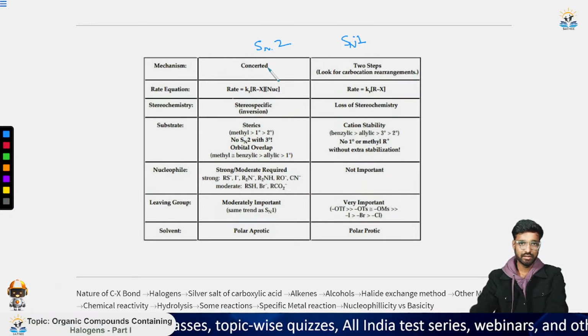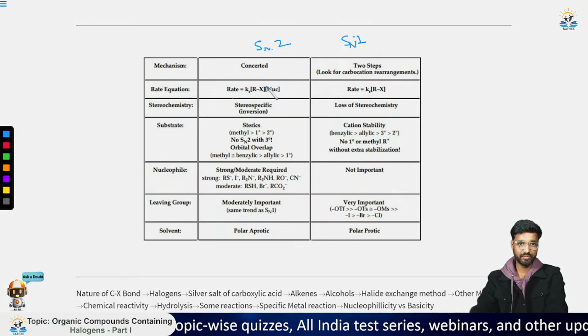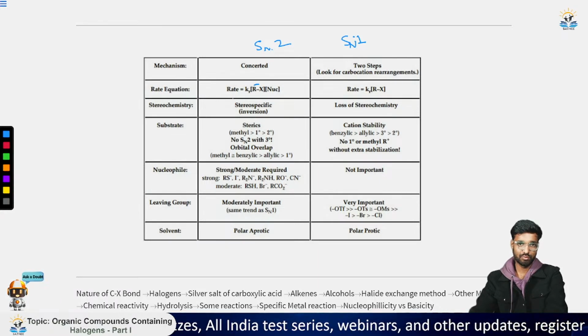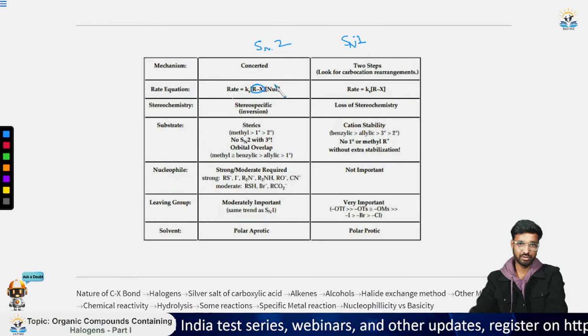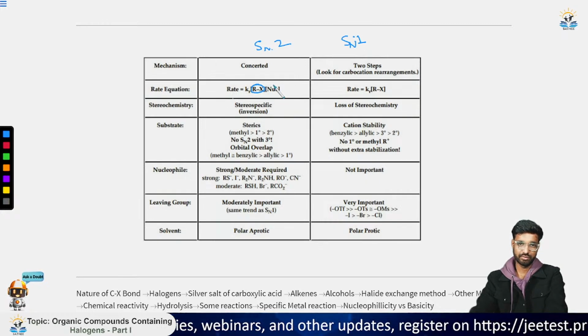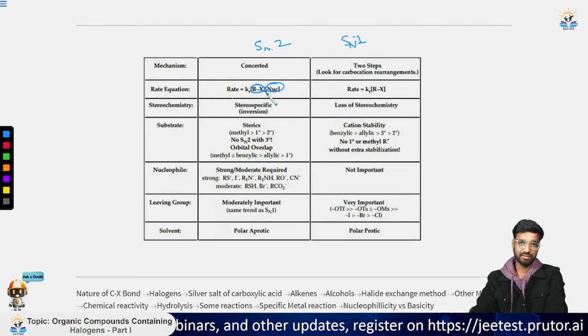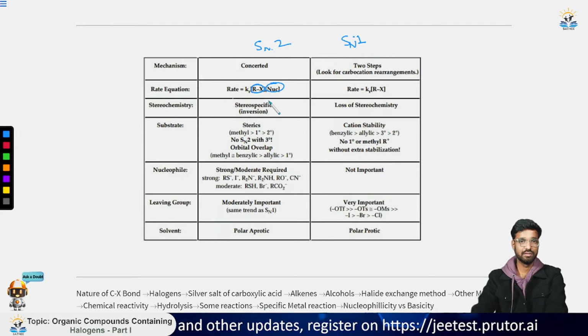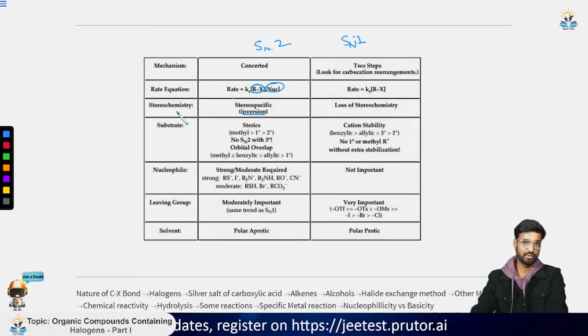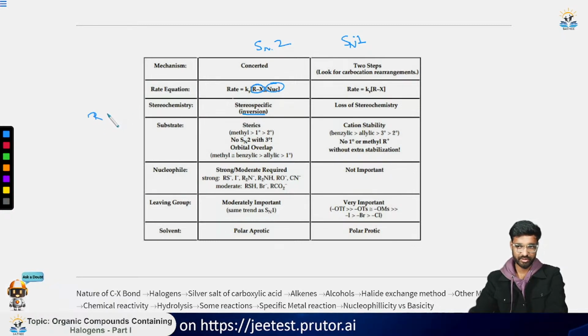SN2 is a bimolecular reaction, which means a second order reaction. It depends on the concentration of both reactants. This is the nucleophile and this is the electrophile. It is stereospecific in nature, so we get inversion. Suppose we have R configuration of this haloalkane which is being attacked, then we'll get S, and if it is S, then vice versa.